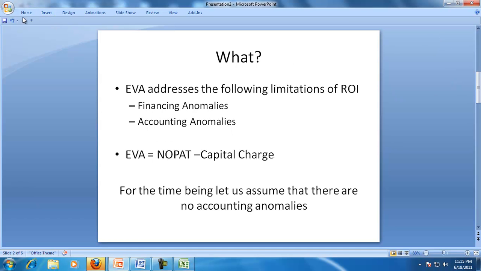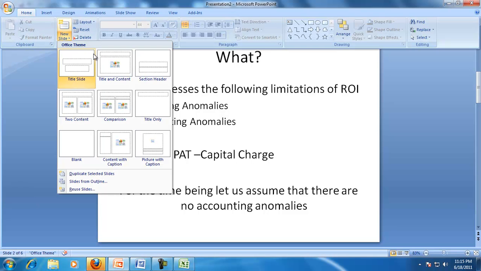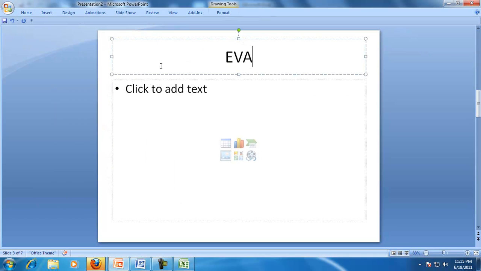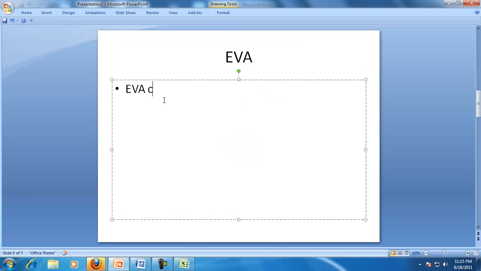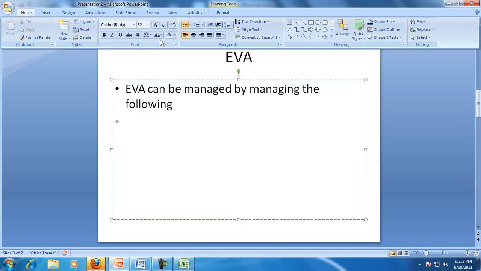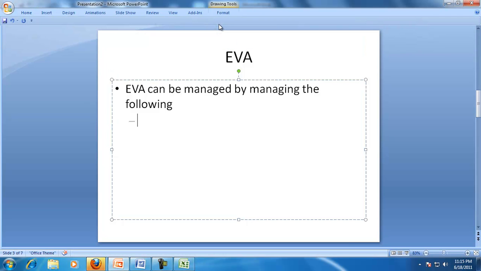Let me put one more slide. So I say that EVA can be managed by managing the following. What are those? You can either manage the NOPAT, or you manage the weighted average cost of capital, or you manage the capital employed.